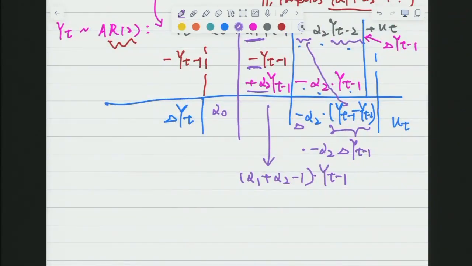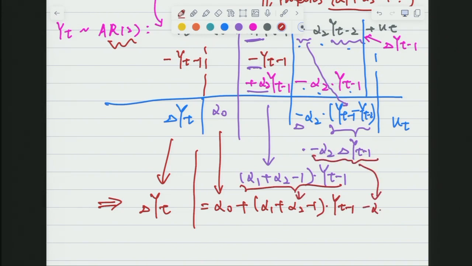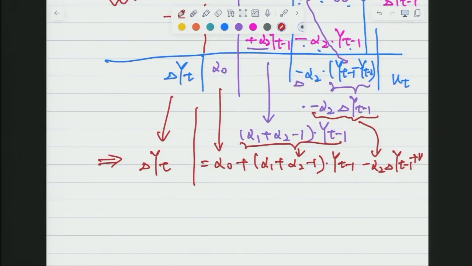So to write it out, we have the first difference on the left, and on the right-hand side we have the intercept, alpha 1 plus alpha 2 minus 1 times y_{t-1}, the first difference immediate lag, and the error term u_t.